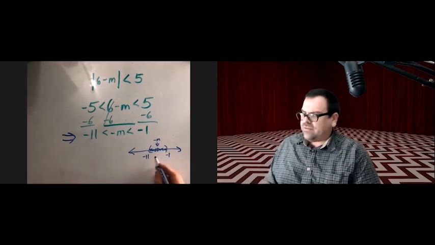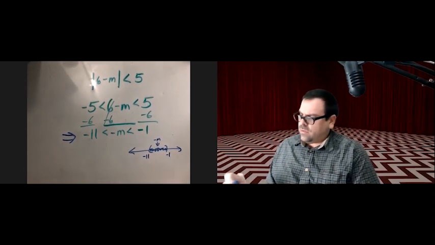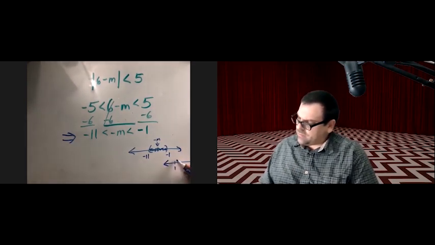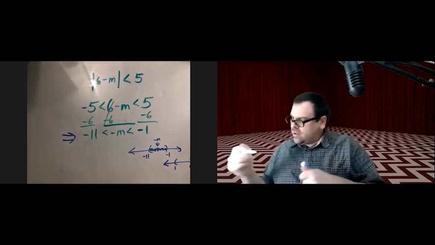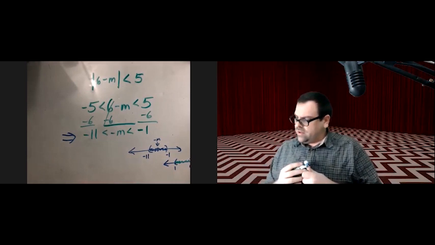If the opposite of our answer is over here, where's our actual answer going to be? Well, the opposite of negative 1 is 1, and the opposite of negative 11 is positive 11. So if the opposite's in here somewhere, the real answer must be over here somewhere.